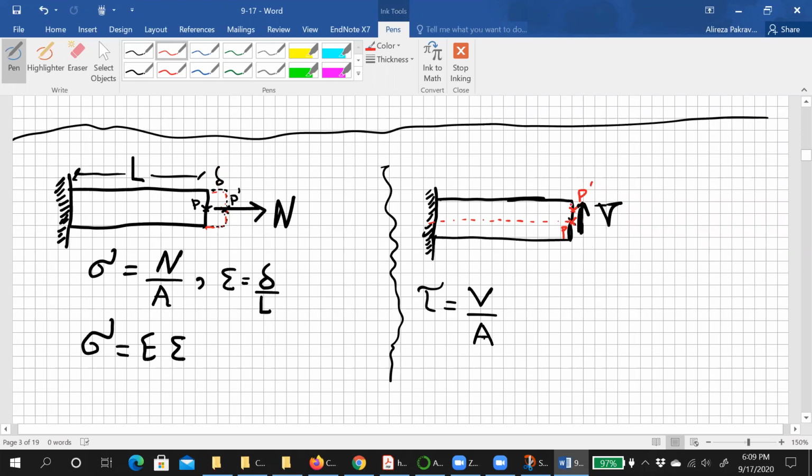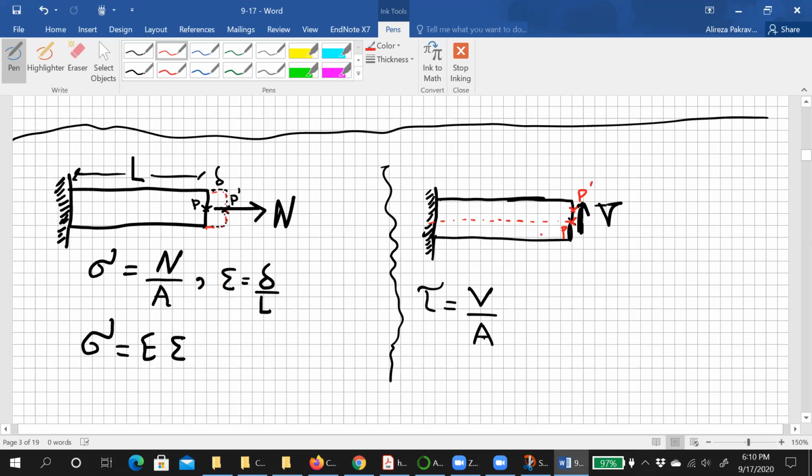Based on the shear force, we can find the shear stress, and then how can we define the shear strain? Here we said strain. This strain on the left-hand side is actually a normal strain.